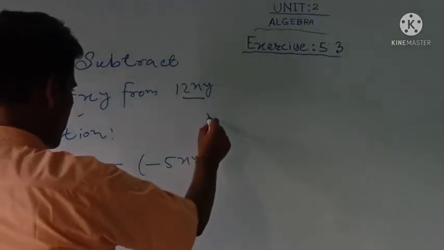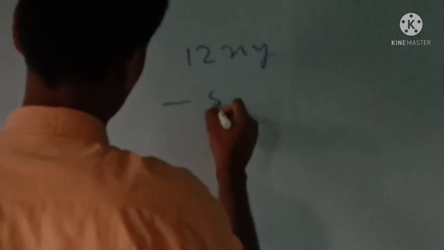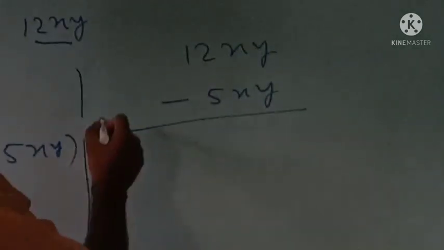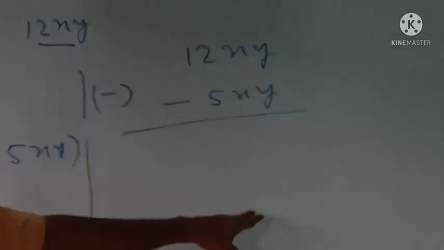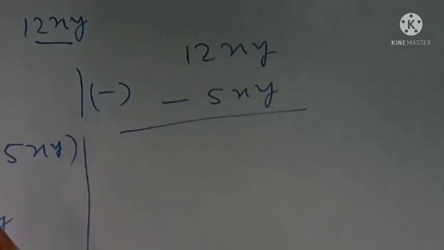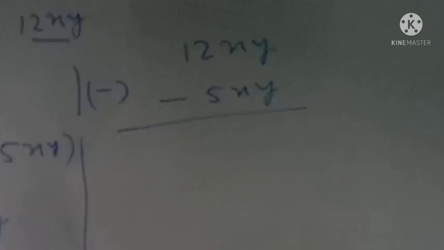If you want you can do it in the vertical way also. 12xy, and here minus 5xy. We are subtracting. So remember, while we write in the vertical way and subtract, 12xy is the minuend and minus 5xy is the subtrahend. In the subtrahend place, whatever sign is there, if there is minus, we turn it into plus. If there is plus, we turn it into minus.